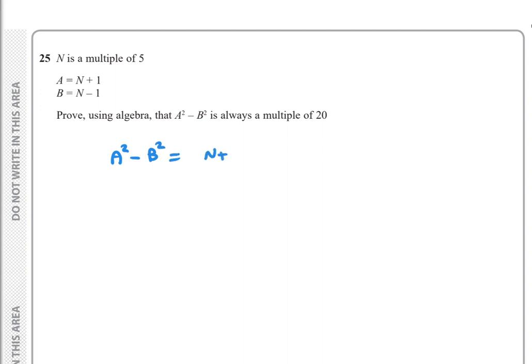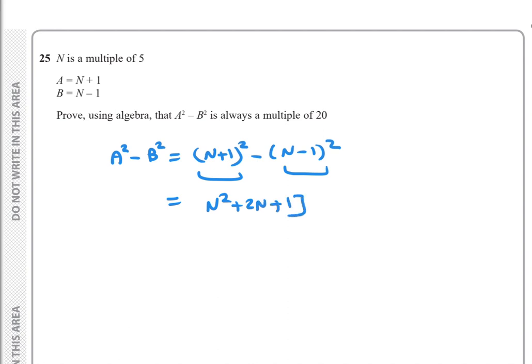equals (n plus 1) squared minus (n minus 1) squared. Expand, so n squared plus 2n plus 1, minus (n squared minus 2n plus 1).